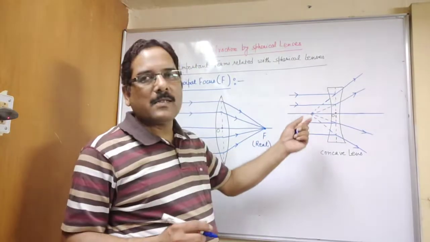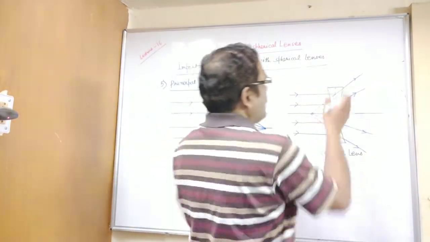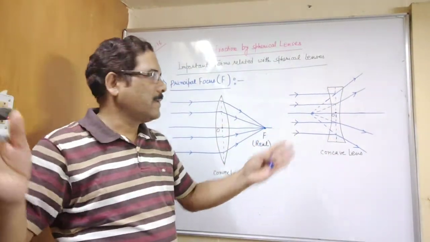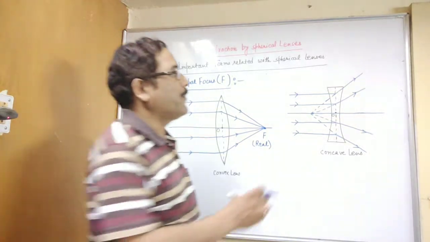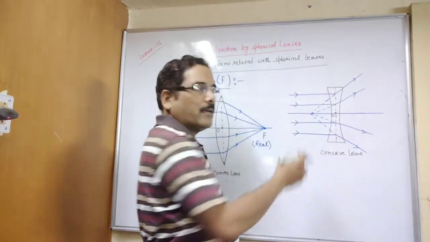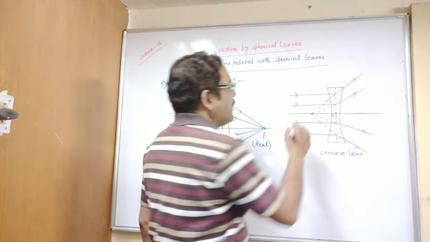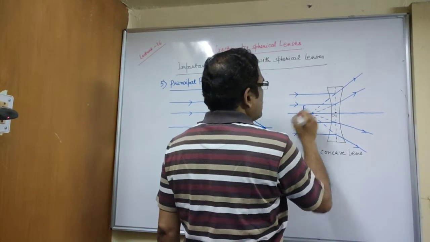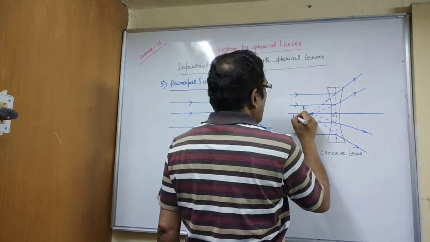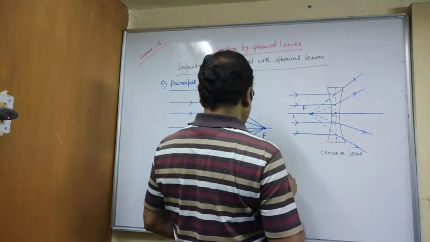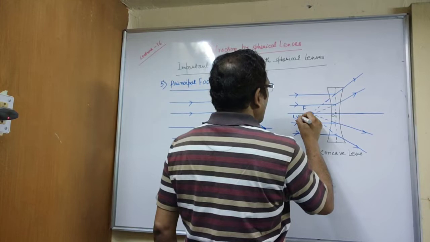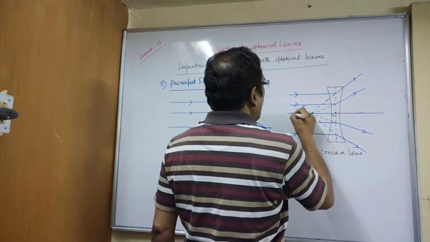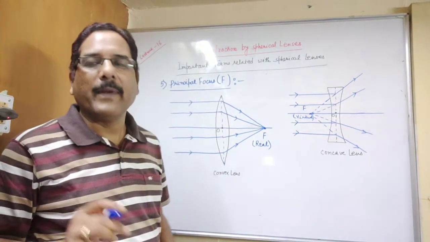So here the focus is virtual, because actually the rays after passing through a concave lens diverge. They are not meeting at a point. But when they are produced backward virtually, then they meet at a point. And this point is called the principal focus. But here the focus is virtual. फोकस यहाँ पे काल्पनिक वर्चुअल.